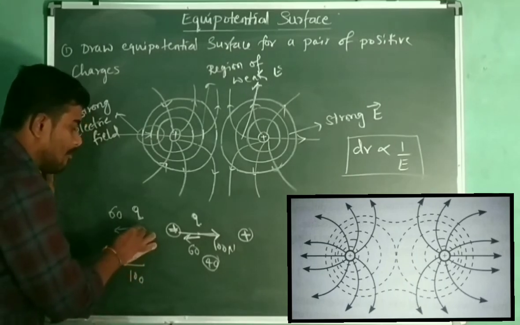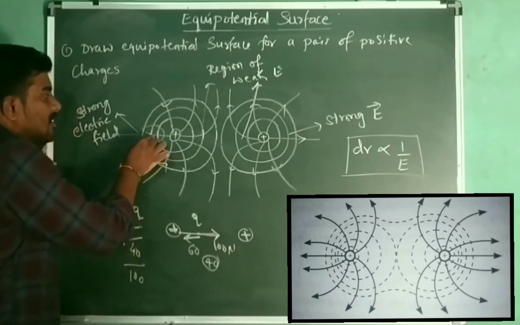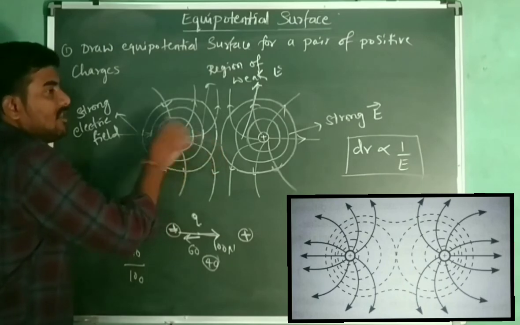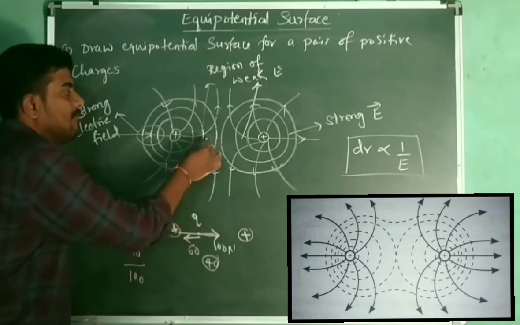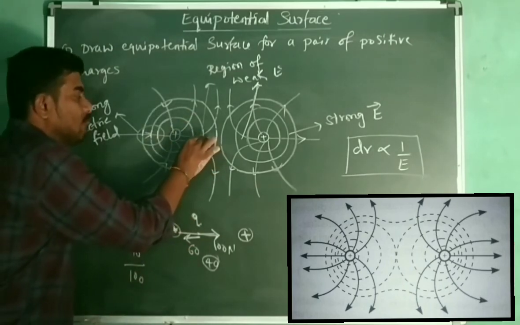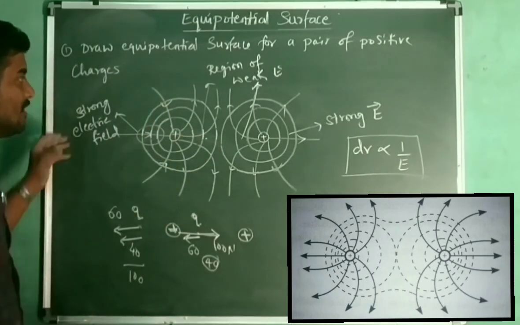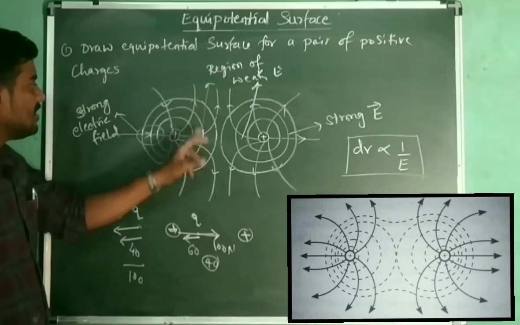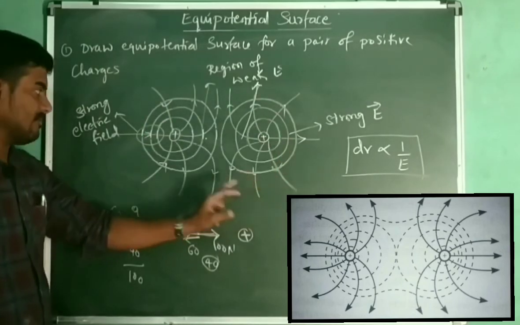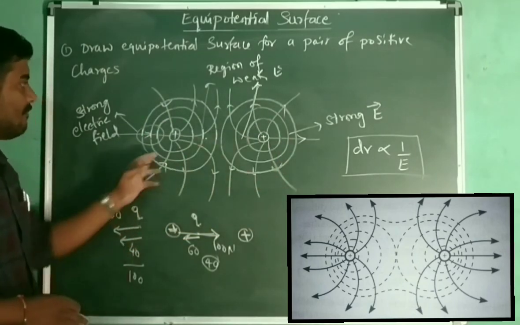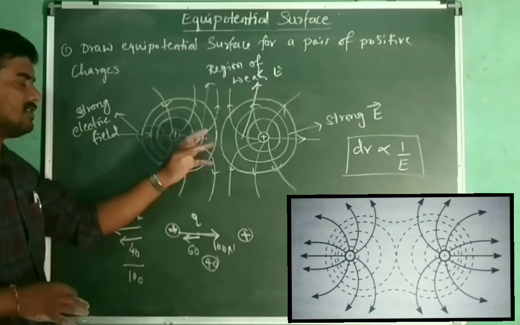Therefore the total force at this location and the total force at this location are different. So at this location the electric field is weak, and at this location the electric field is strong. Remember, these are the shapes of equipotentials for a pair of positive charges. For a pair of negative charges it is also the same.